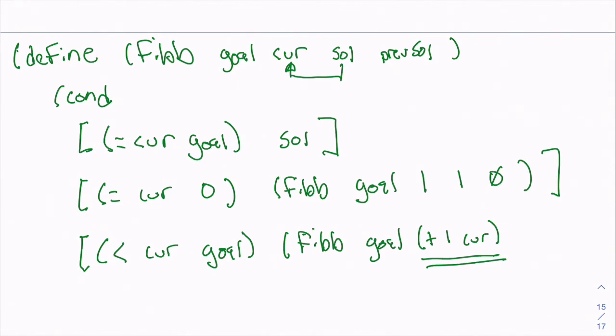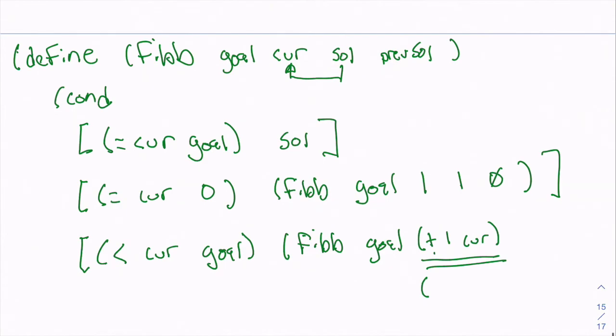So our new solution, which is the solution to the next sequence number in the Fibonacci sequence, is the current solution plus the previous solution. And the new previous solution is going to be our current solution. Okay, so I think that's pretty good.